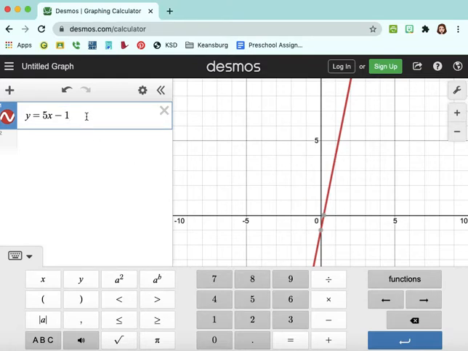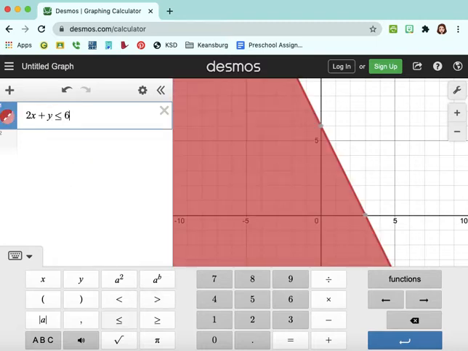So today, you're going to be graphing inequalities, which are things that look like 2x plus y is less than or equal to 6.